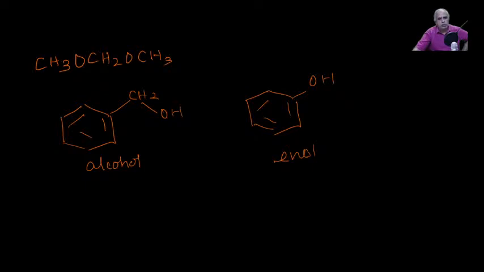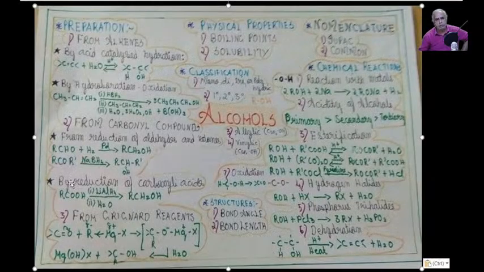Some of the old students have given the sketch note. So you can also prepare like this for the preparation of alcohol. Let me reproduce, but you can do it in a better way. Please note down, or watch the video later and reproduce in a better manner.